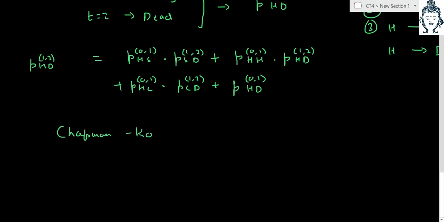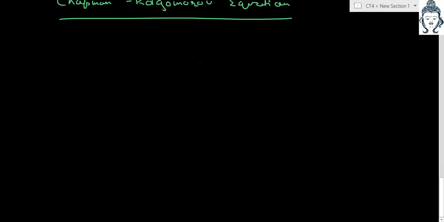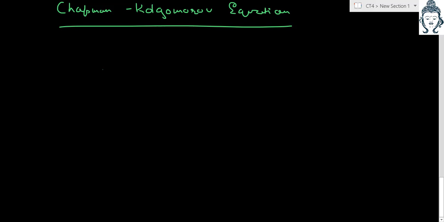Chapman-Kolmogorov equation. So this basically says that if you want to get from any state i to any state j from time m to time n.